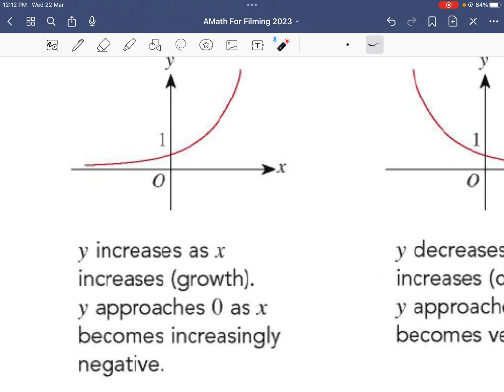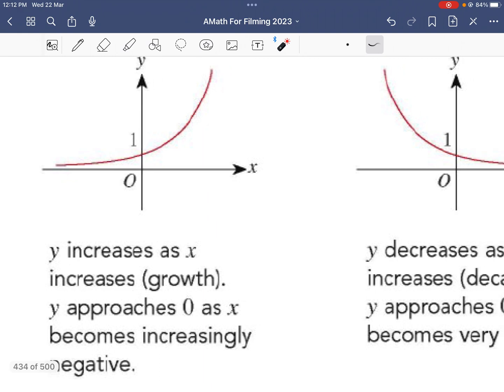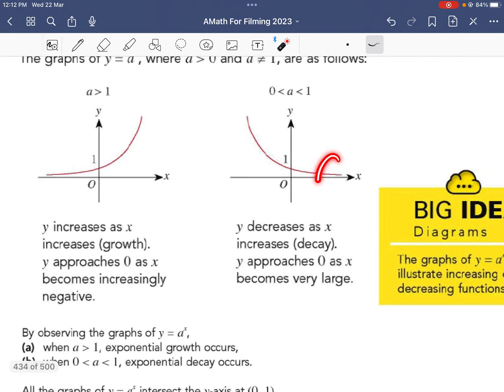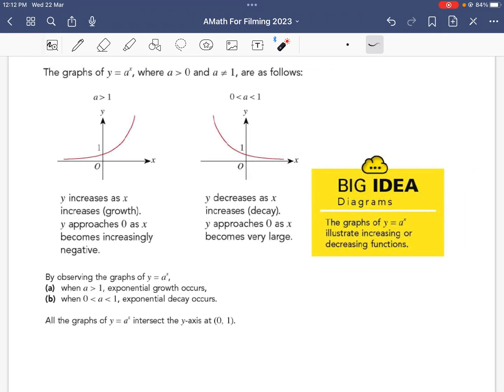So as you sketch the graphs, there should be this gap over here. Similarly, for the exponential decay, it will tend towards 0, but it never touches the x-axis. It goes on and on, approaching but never touching.